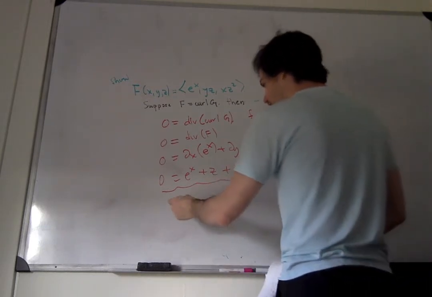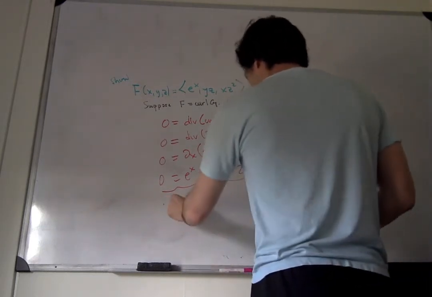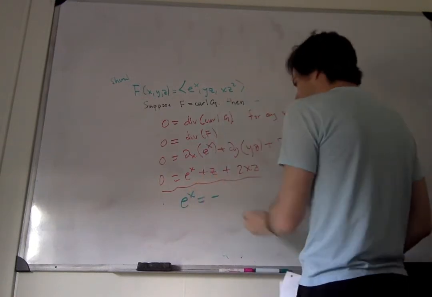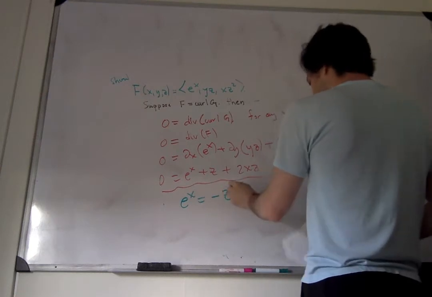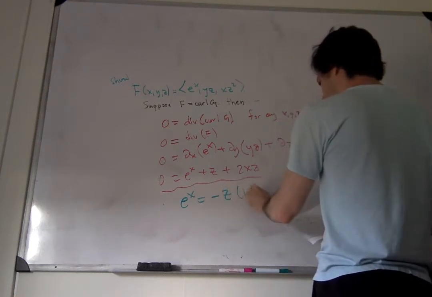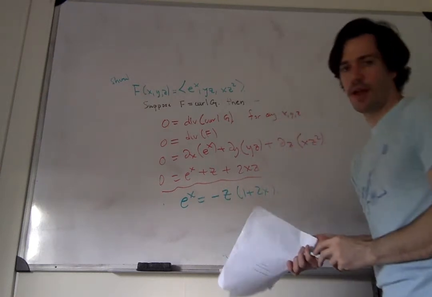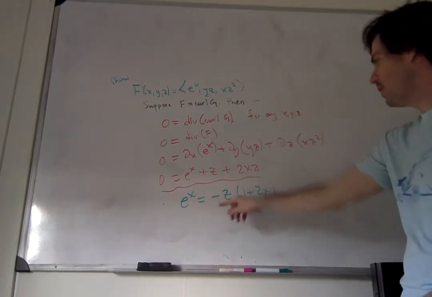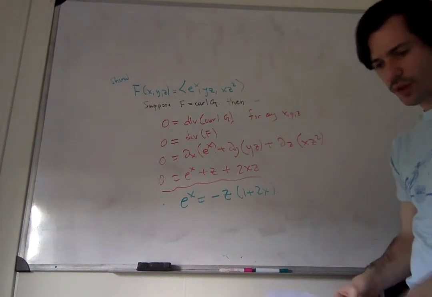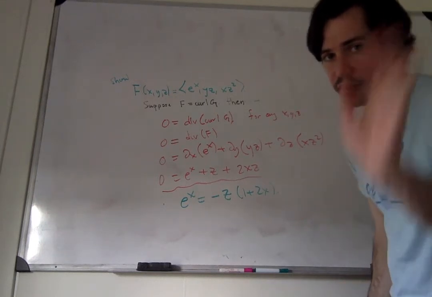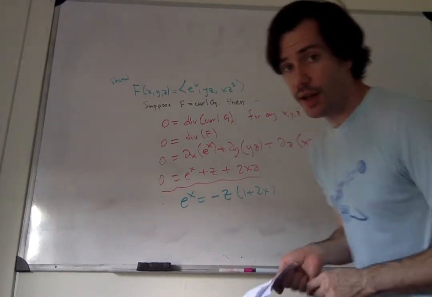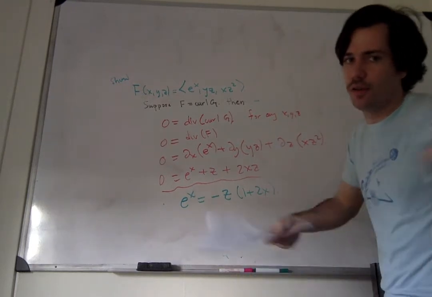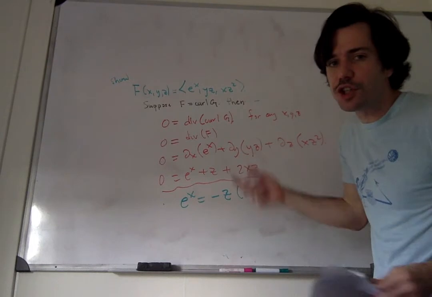So let's go ahead and say that you have e to the x y z equals negative z, 1 plus 2x. Okay, so I just moved this to the other side, and I pick up a negative sign. Okay, so I said that this is true for any x, y, and z, so let's actually pick an x and a y and a z. So how about let's let y equal 0, or whatever, because y doesn't show up.